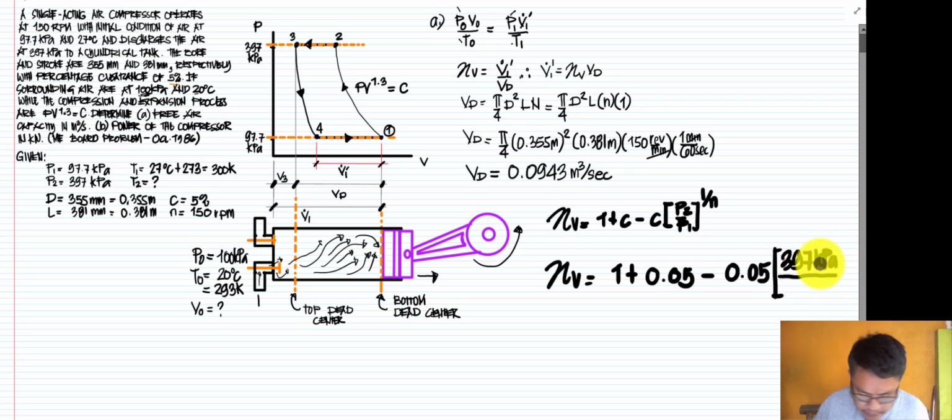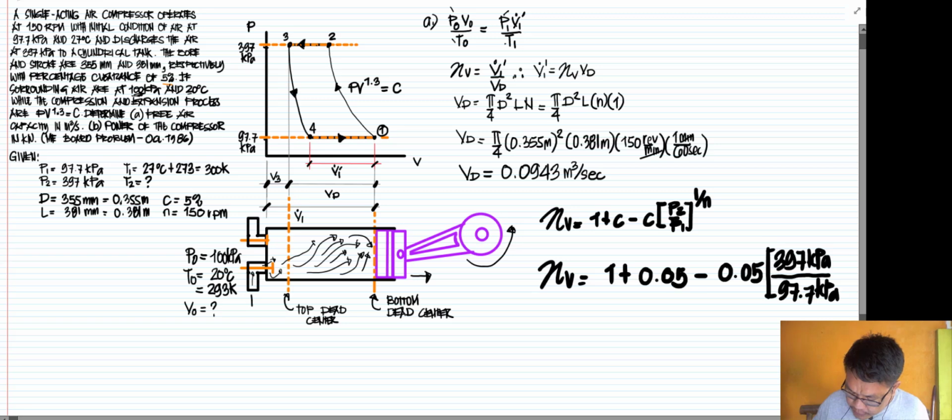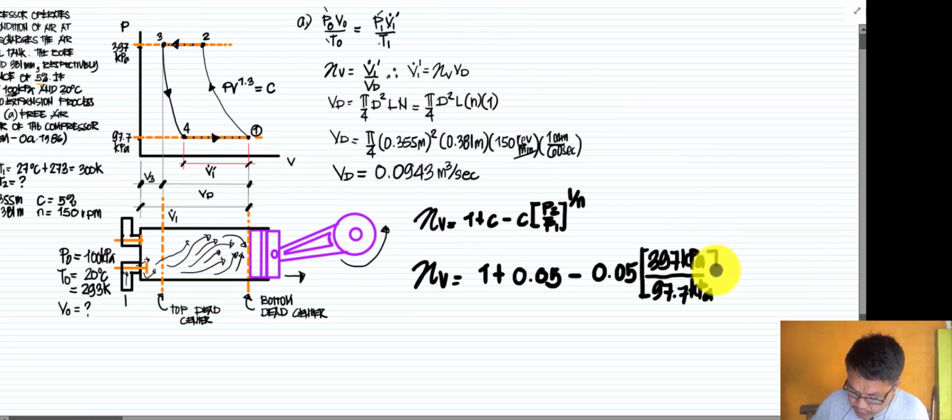Then divided by 97.7, so the units also kPa. Then we can close parenthesis of this one, and we can raise it to the power of 1 divided by your N, which is 1.3.